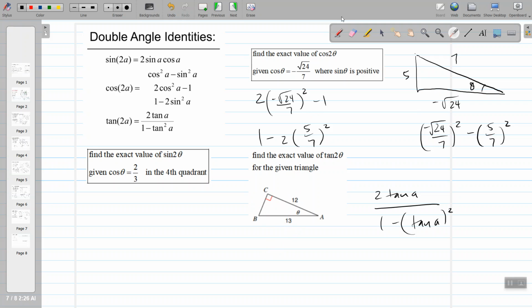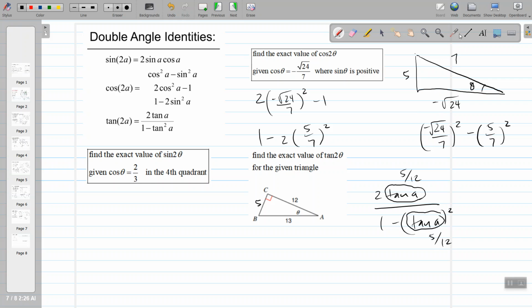I believe, once again, that'll give us a 5 over here, if I'm not mistaken. So that means the tangent for this picture is going to be 5 over 12. So all I have to do is replace these guys with 5 over 12 and 5 over 12 in here. Simplify, do the math, get your answer. So that part I think you can finish off on your own.